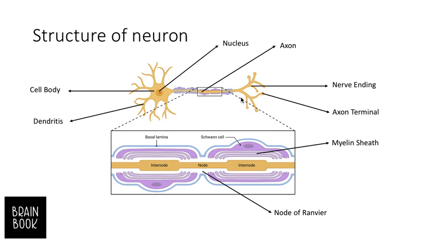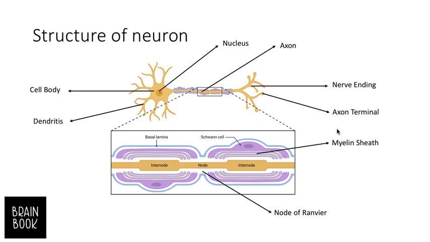This ending will be connected to a receptor that could be another neuron. Here in the axon, as you can see in this rectangle, we have a myelin sheath which is produced by Schwann cells in the peripheral nervous system.